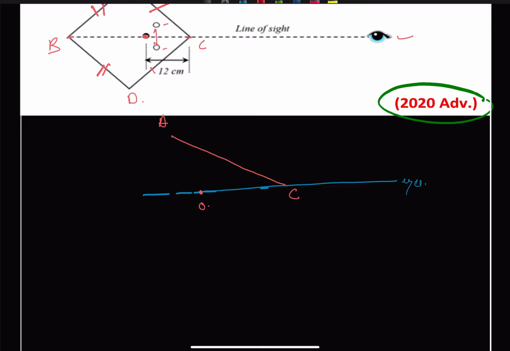So let us draw a ray of light, and let us suppose this is the normal. A ray of light is going to strike somewhere here, and it is going to move something like this. The other ray of light from the object is going to move from here, and it will try to bend in this direction.